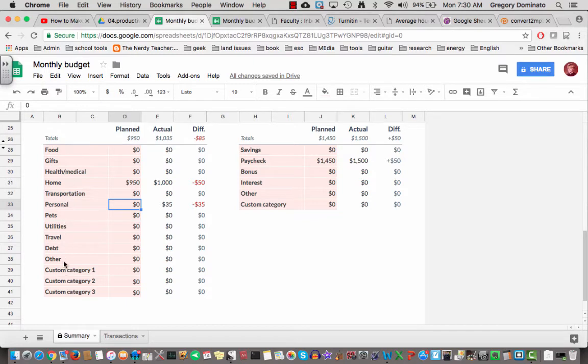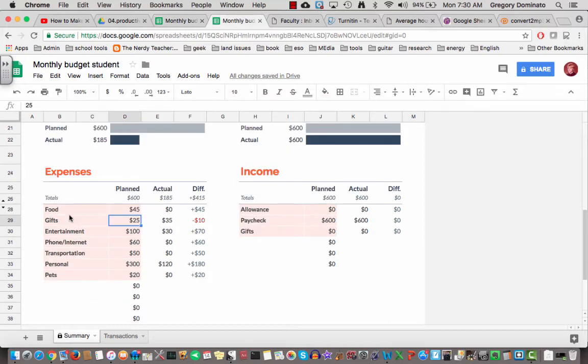But these categories don't look very good for a student. I can change them. I can go in, gifts looks good, food looks good, health, medical, that doesn't make much sense to a student. What I did was I edited these titles and came up with something like this, which might reflect a student's life. You got food, gifts, entertainment, phone, internet, transportation, personal expenses, and pets.